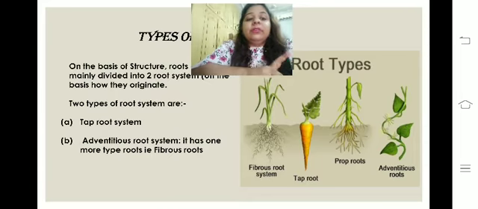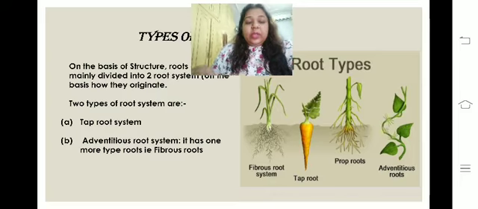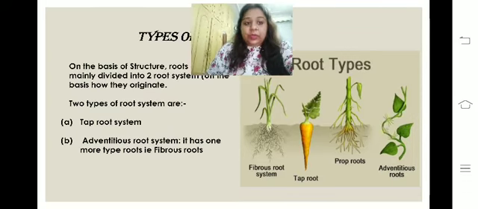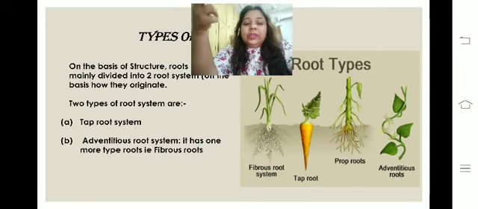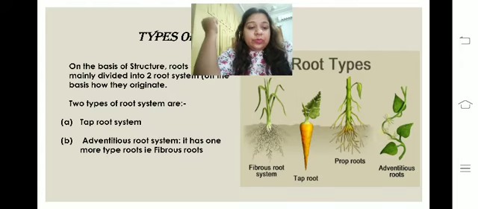So this is the main difference between the taproot system and the adventitious root system, even for fibrous root. Fibrous root is one type of adventitious root only. So basically there are three main roots: taproots, adventitious roots, and the third one is your fibrous roots.